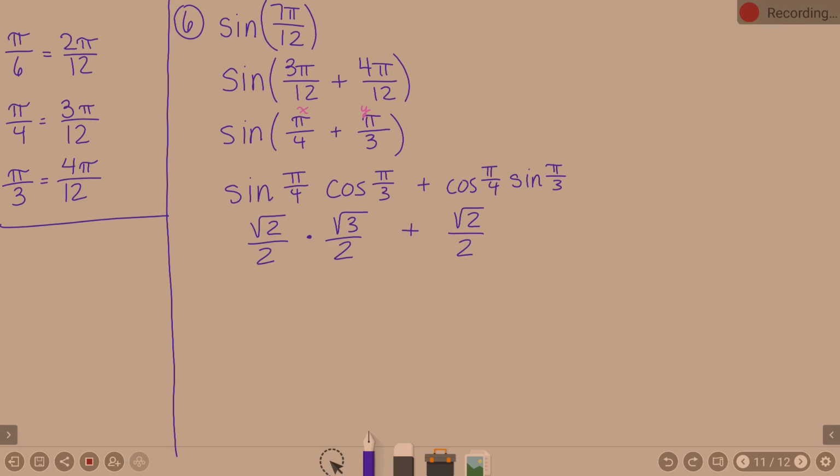I just realized that was backwards. Because what's the sine of pi over 3? Square root of 3 over 2. I didn't catch the mistake. What's the mistake? Cosine of pi over 3 is supposed to be what? 1/2.